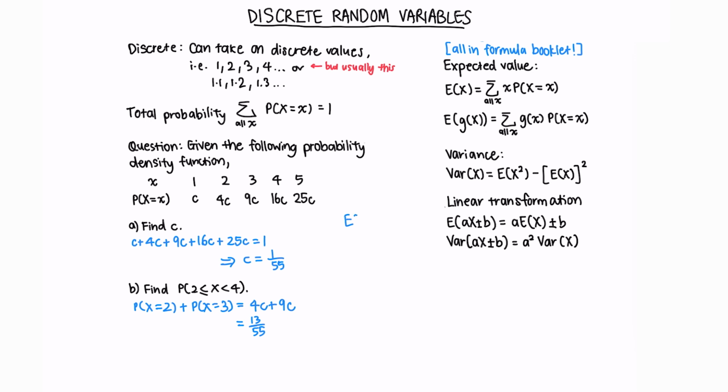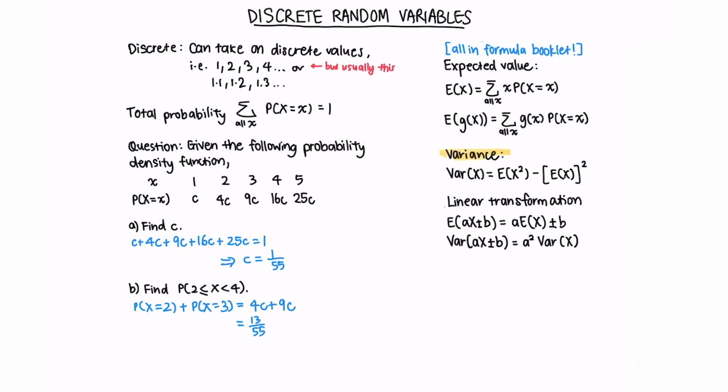So if we wanted to find something like E(x squared), this would be the sum of all g(x), which is x squared, times P(X=x). So this is 1 squared times c plus 2 squared times 4c, and then plus all the way until 5 squared times 25c. And that's what E of x squared will look like.